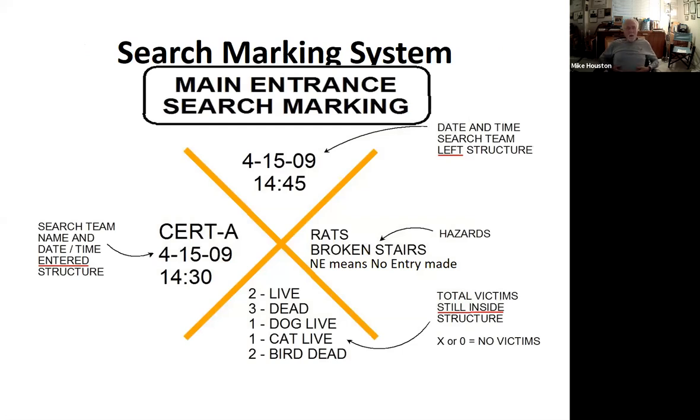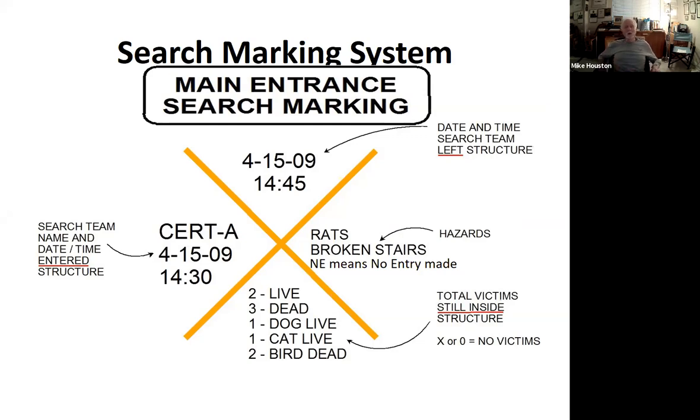Okay, well, this is the tough one that people have a hard time remembering. Just as you enter a structure, somewhere on the outside of that structure, with either engineer's chalk or spray paint, some way you need to mark a slash, a single slash.